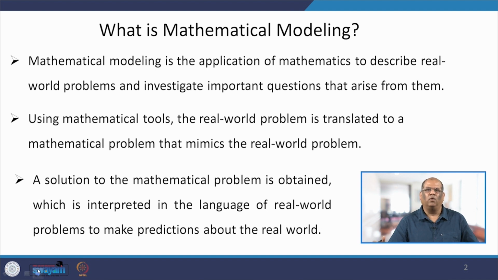If COVID-19 comes back again, will it be a pandemic, or will herd immunity again help us to overcome the problem? How many hospital beds will we require in a very worst case scenario? These are the questions that can be posed in this real life problem, and mathematical modeling can take care of that.